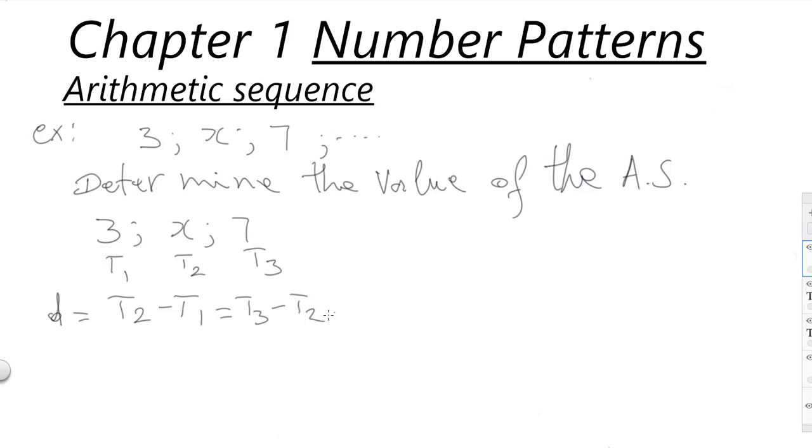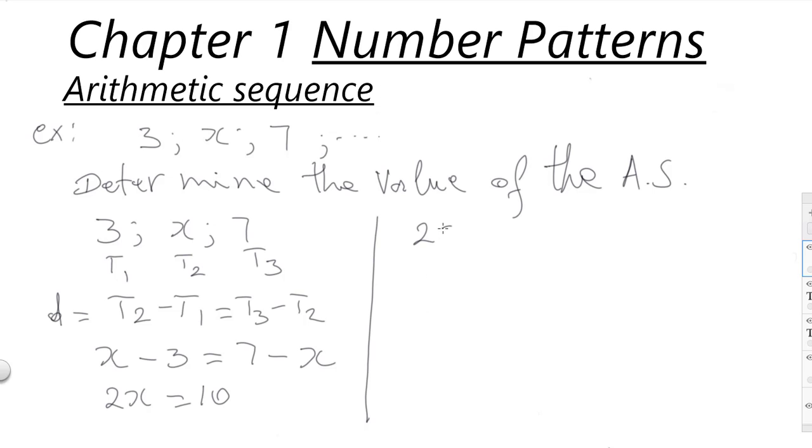So T2 is equal to x, T1 is equal to 3, T3 is equal to 7. When you transpose x this side, it will be 2x. When you transpose 3 this side, it will be 10.